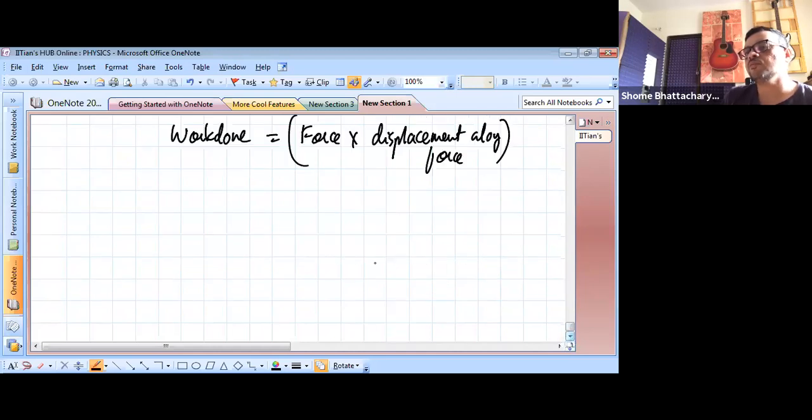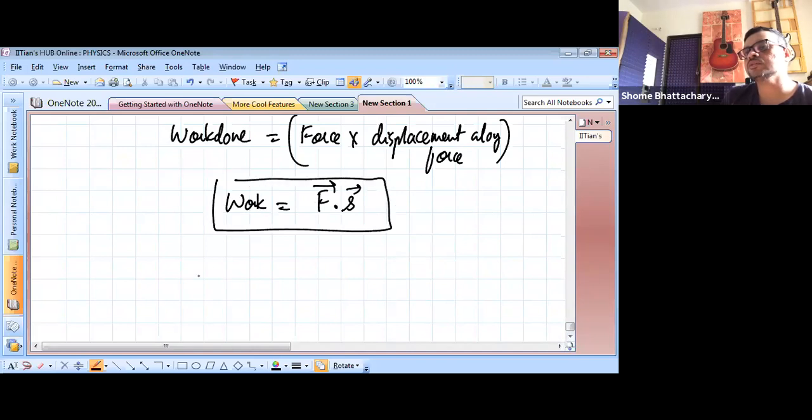So in component algebra or in vector algebra, that becomes scalar product. So work done is dot product of force and displacement. So here it simply becomes the dot product of these two things.